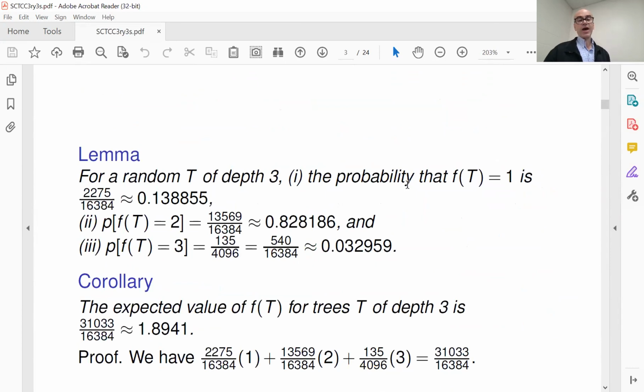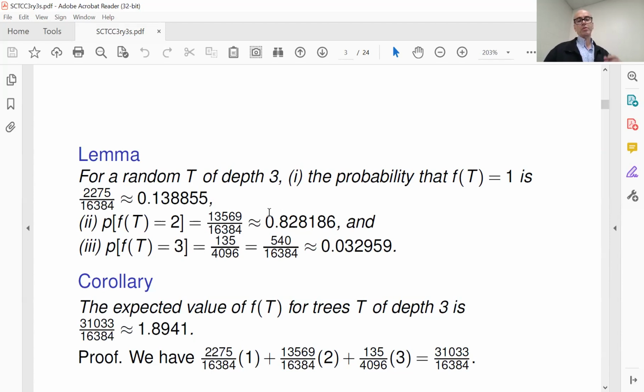And then how about depth 3? One further level, depth 3. Still, we are able to calculate the exact probability distribution of the possible weights 1, 2, 3, and therefore we would be able to easily say what the expected value of the weight is. The probability that in depth 3 the weight is 1 is going to be 2,275 over 16,384, which is roughly 13 or 14%.